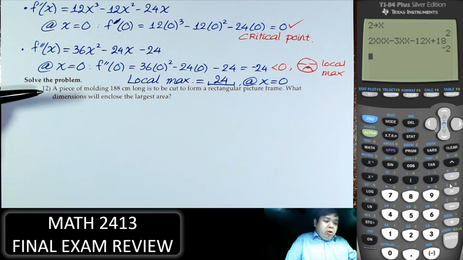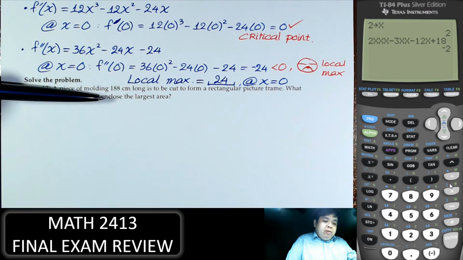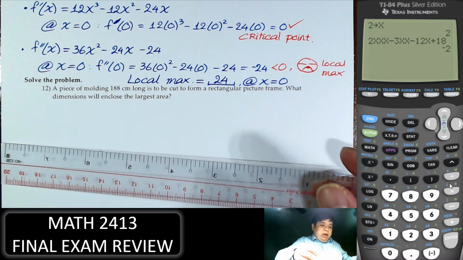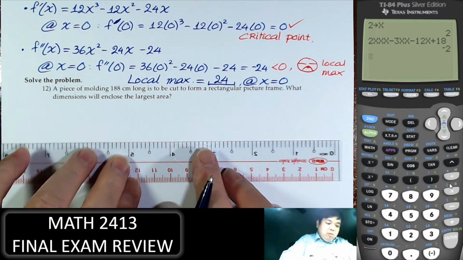Next, the problem. A piece of molding 188 centimeters long is to be cut to form a rectangular picture frame. What dimensions will enclose the largest area? So we have a piece of molding.